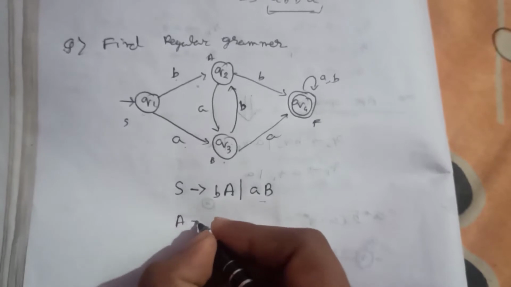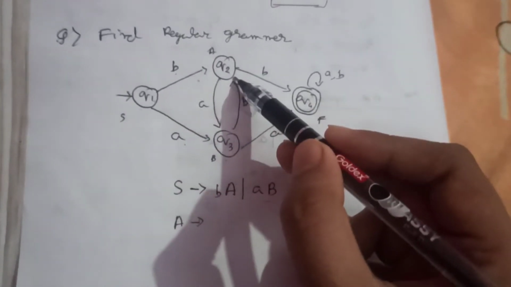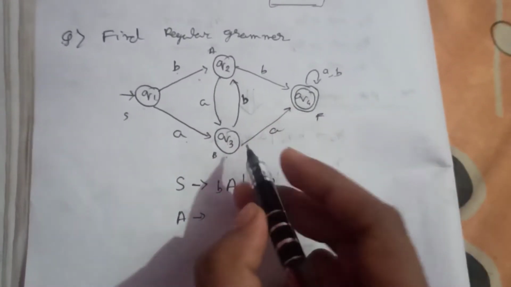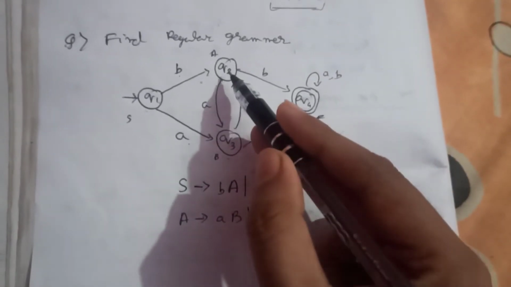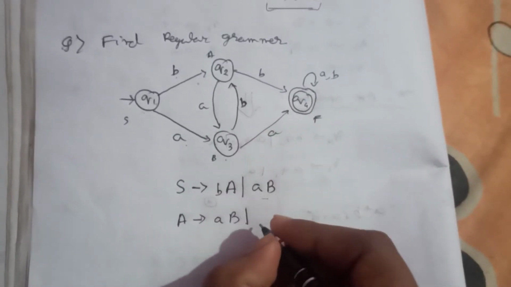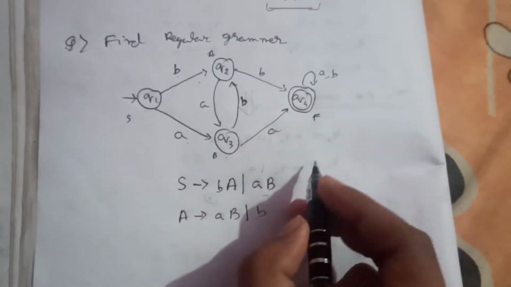From state A, if it takes input A it will go to B, and if it takes input B then it will go to the final state.